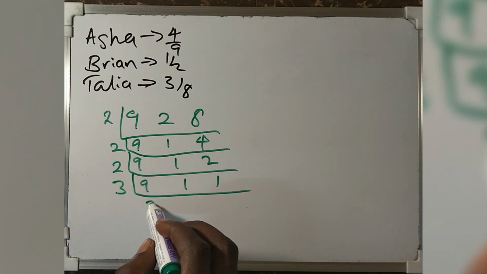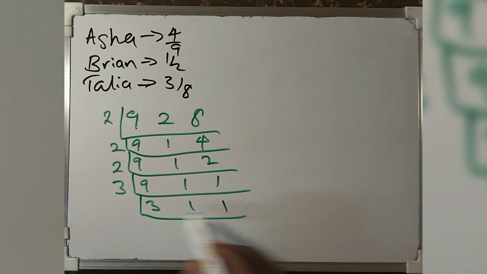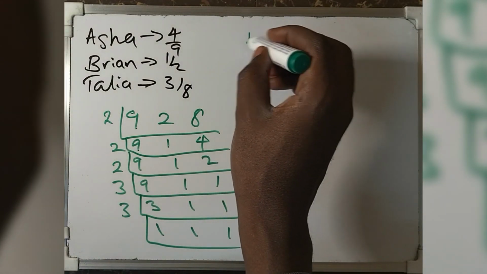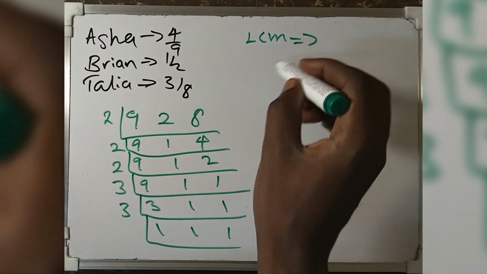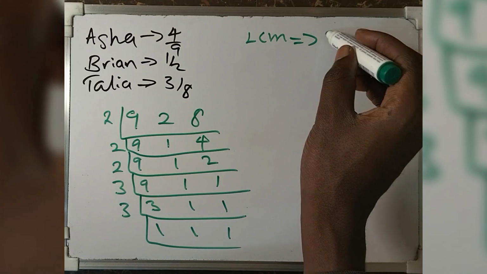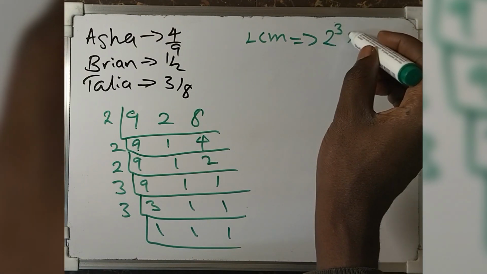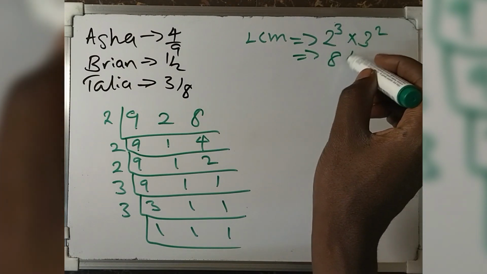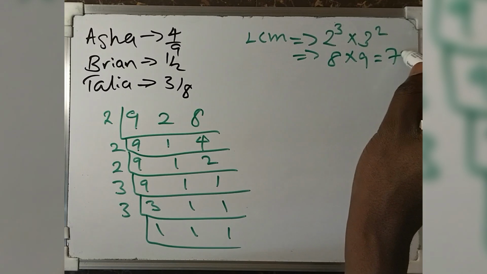You have 3 here, you have 3 upon 1. So our LCM will be 2 cubed times 3 squared, that's 8 times 9, 72.